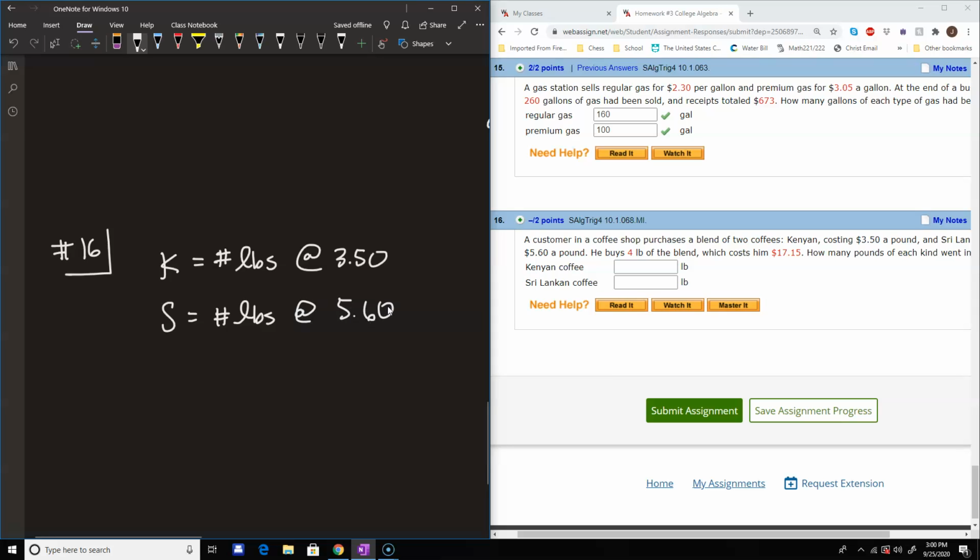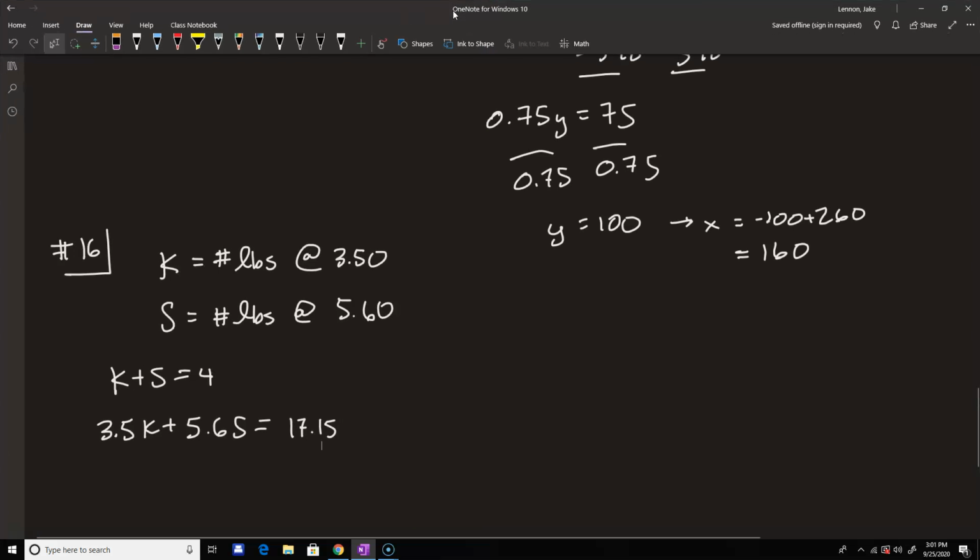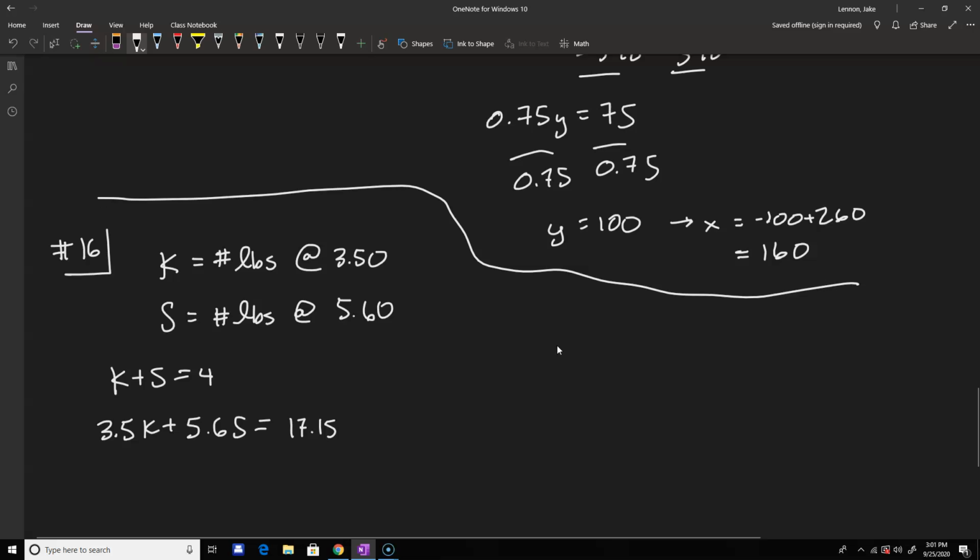So same deal here. We have a volume equation and a cost equation. If you add them together, K plus S is equal to 4 pounds, and the cost of them totals $17.15. So 3.5 times K plus 5.6 times S is equal to the $17.15. So why don't we do this one by elimination? Let's keep the top.